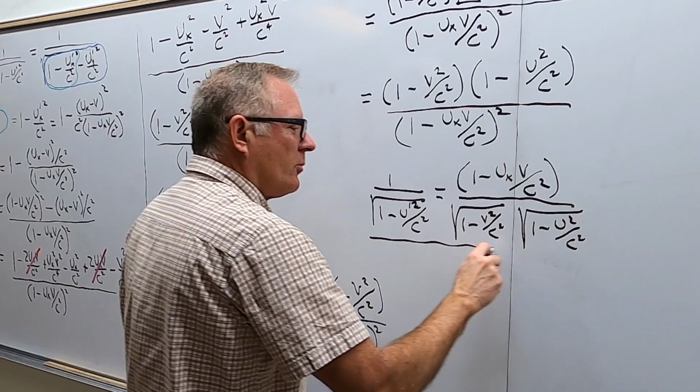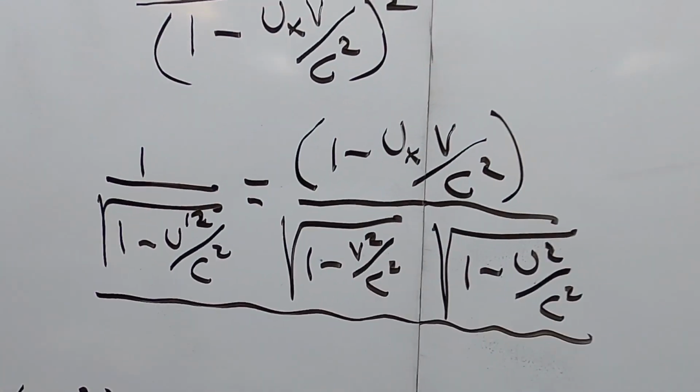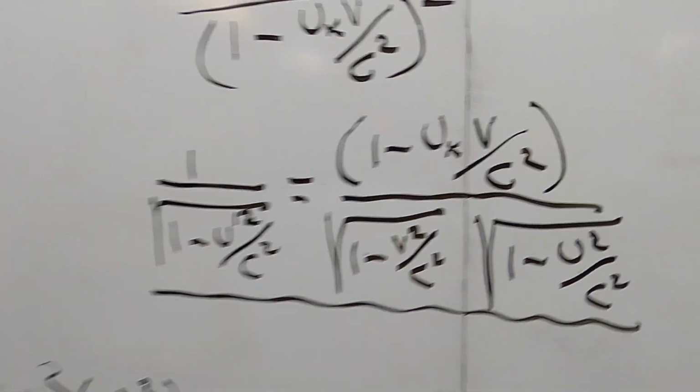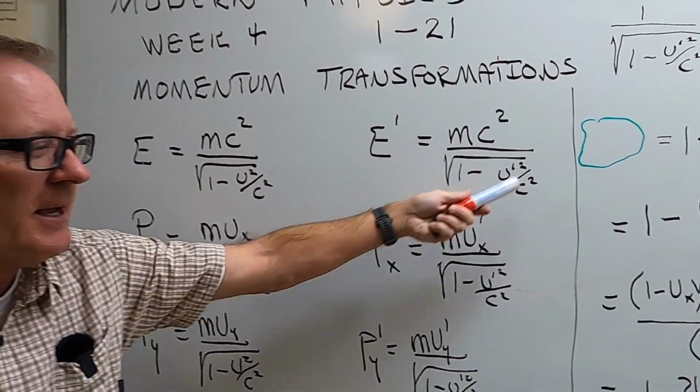Okay, so at least we got that right there. So now we can go ahead and find out what E prime is in terms of E right here, because we know all this term down here.